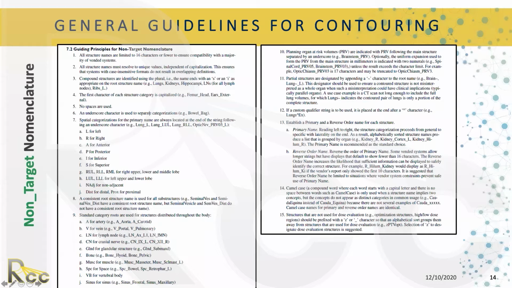One thing that I want to point out in item number 15 is that for these optimization-only structures that I name, they suggest, and again, this is a suggestion, to add a Z at the beginning. There are two purposes for that. We have adopted it in our clinic, and it's very useful because most treatment planning systems list your structures alphabetically.